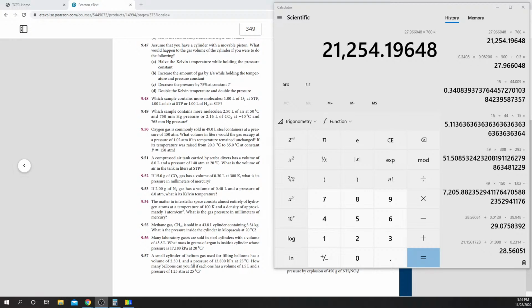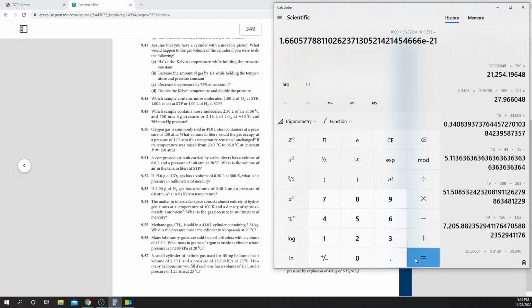So 1,000 divided by 6.022 times 10 to the 23rd gives us 1.661 times 10 to the negative 21st moles per liter, aka n divided by V.